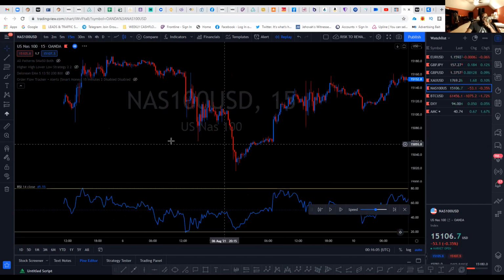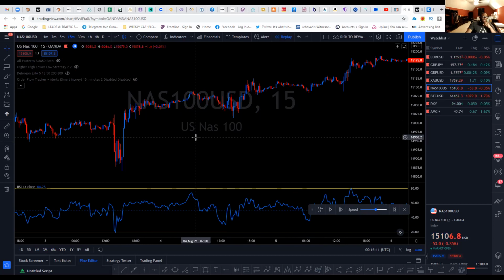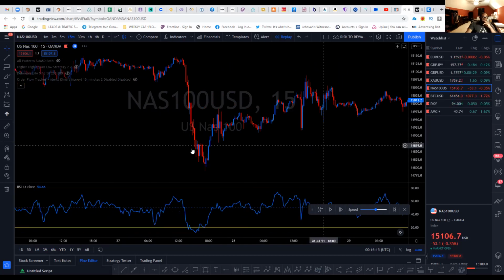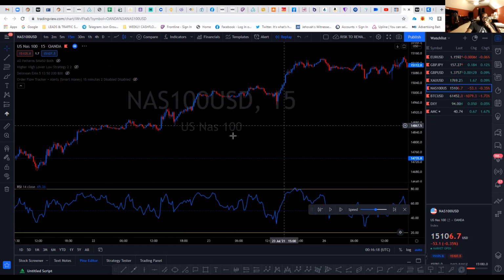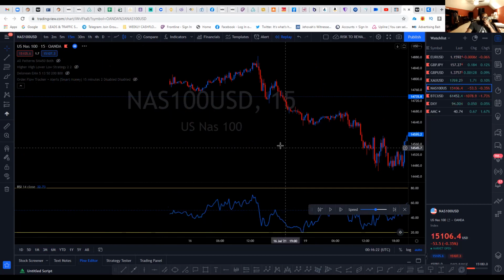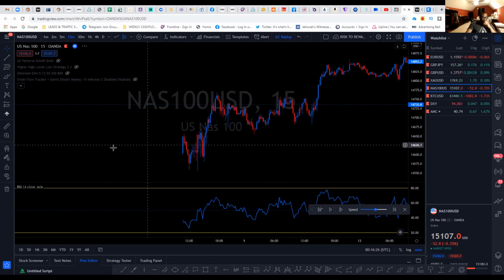So basically, what we do is we trade from the 15-minute, then the 30-minute, to the 1 hour, to the 4 hour. These are time frames, the time between when the next candle closes and when the next candle opens.